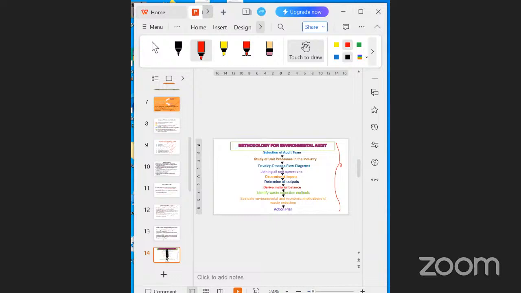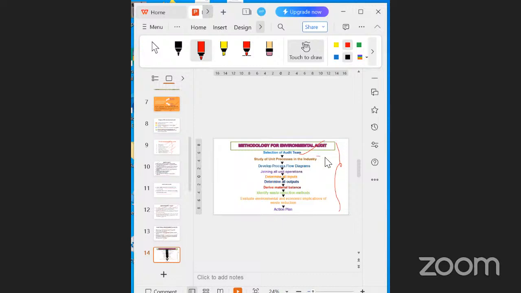Okay. You see here, the first one is selection of the audit team. So now, how to select? What will be the size of the audit team? That will depend upon the scope of your environmental auditing. Okay, scope of environmental auditing.